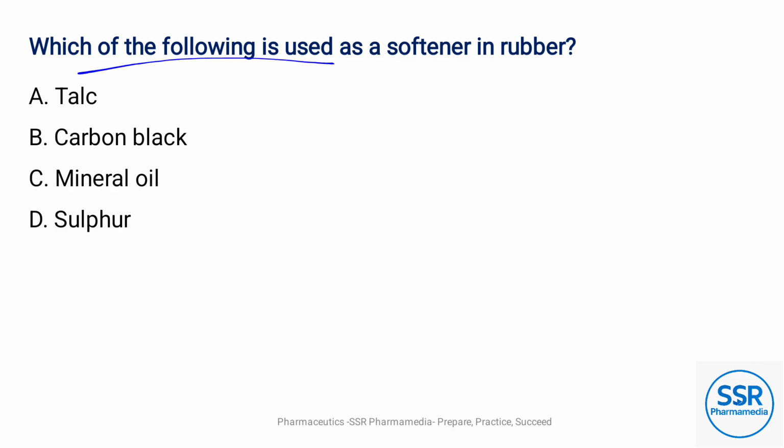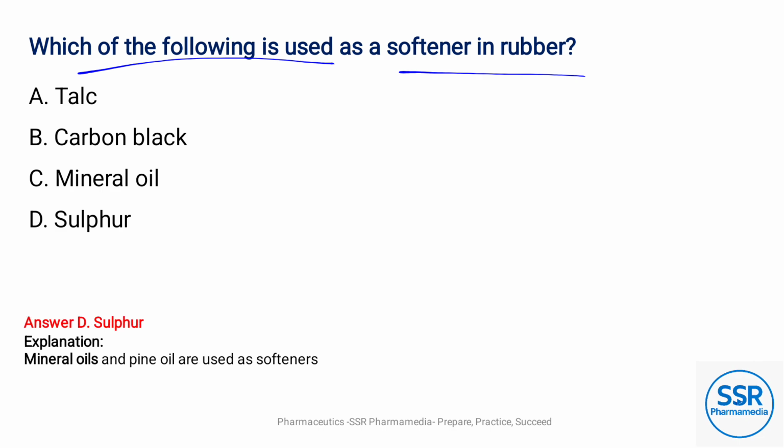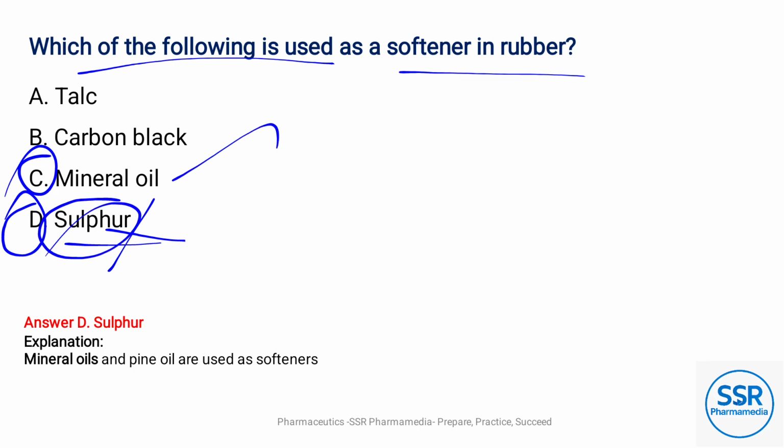Which of the following is used as a softener in rubber? Option D, sulfur, is the wrong answer. Sulfur is a vulcanizing agent. The correct answer is option C, mineral oils.